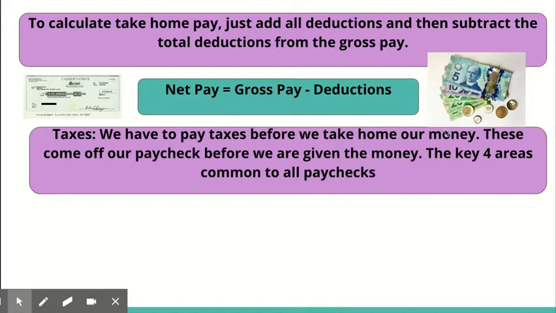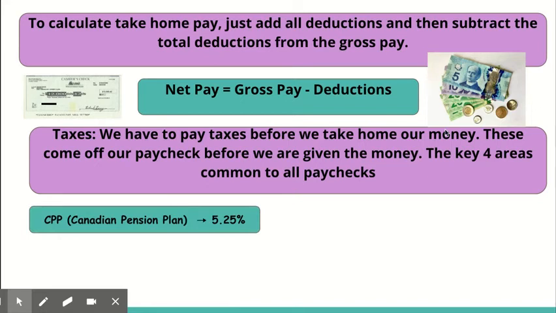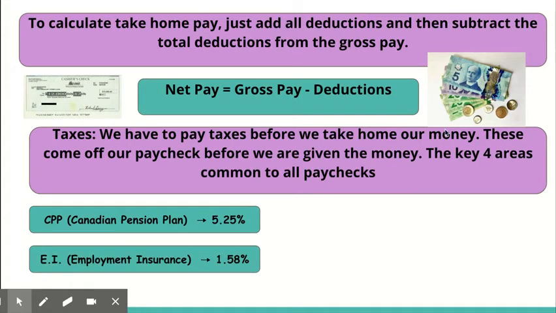The 4 key areas common to all paychecks is your CPP, your Canadian pension plan. This is about 5.25% of your gross pay. Then you have EI, your employment insurance, that is 1.58% of your gross pay.